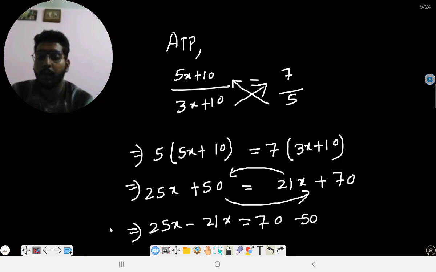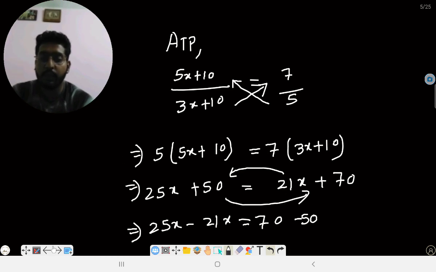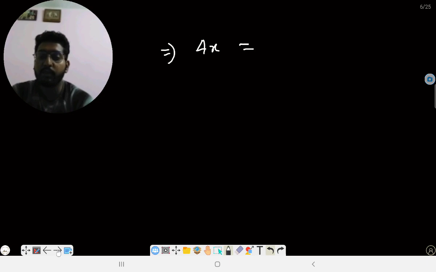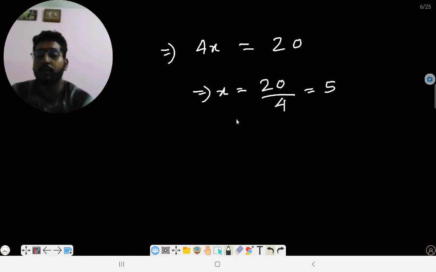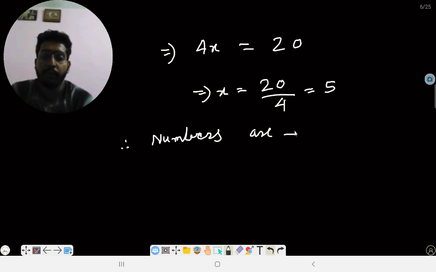Now 25 minus 21, that means 4x equals 70 minus 50, that is 20. So the value of x will be 20 by 4, that means 5. So x will be 5. Okay, so x is coming 5, therefore the numbers are, so what will be the numbers?